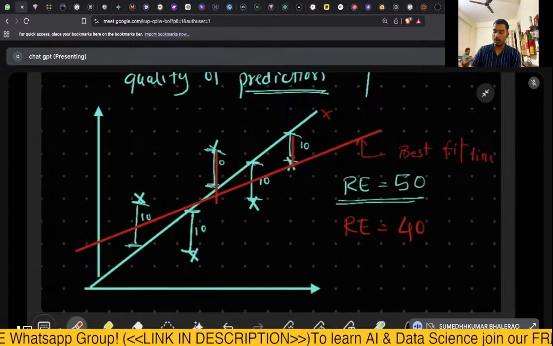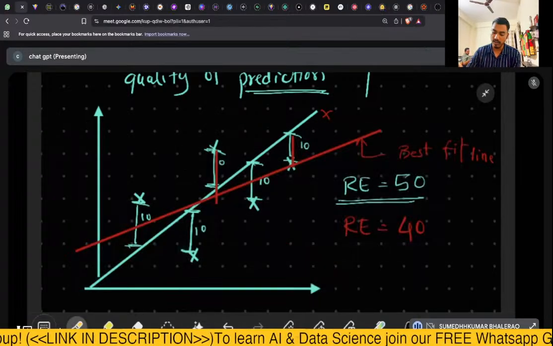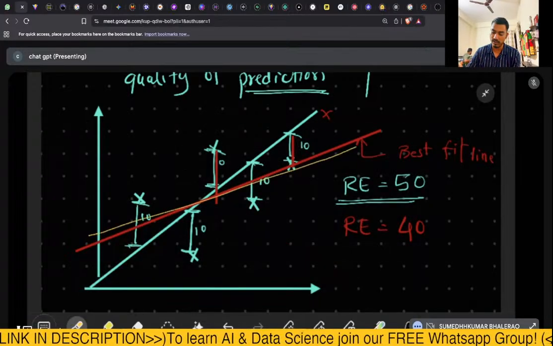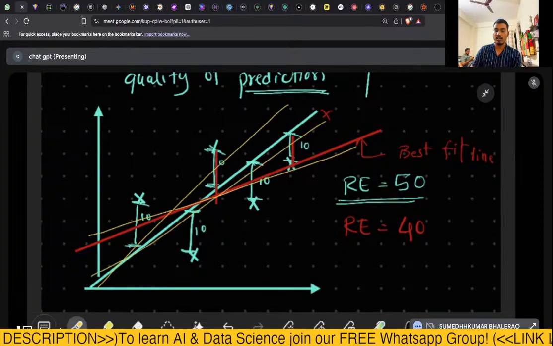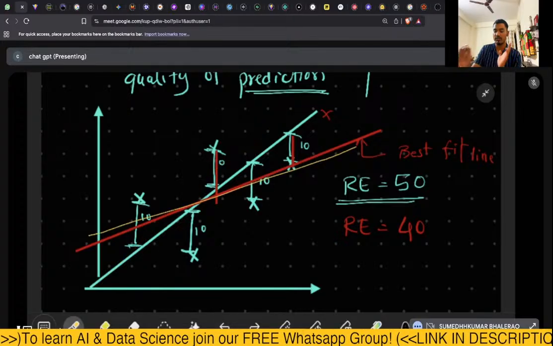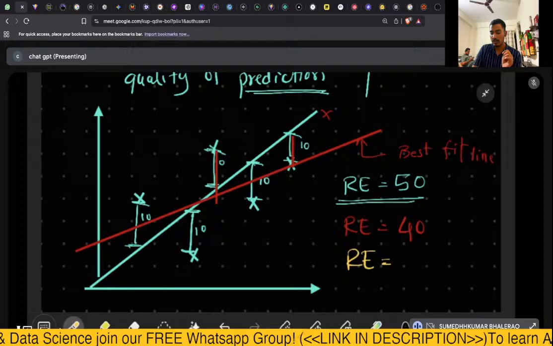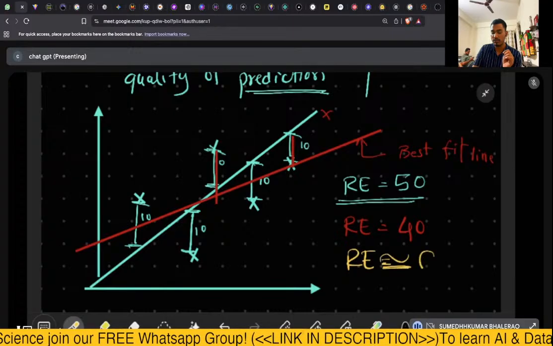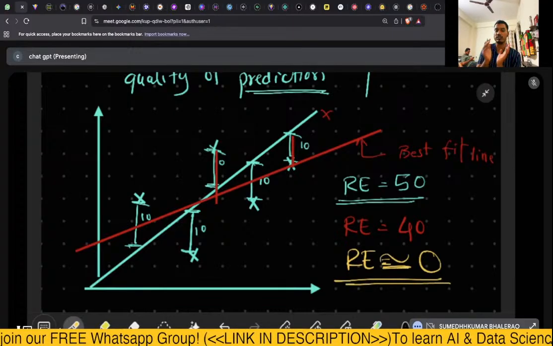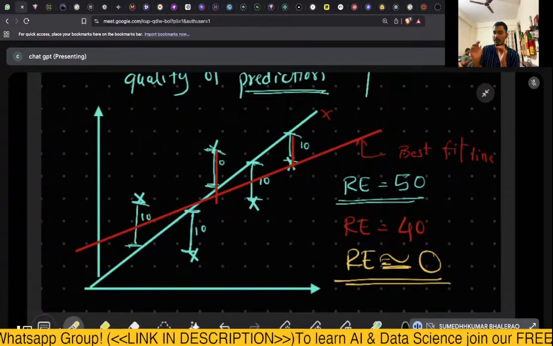So logically, we will be drawing thousands of lines like this. The machine learning model will draw thousands of lines and try to find the residual error almost zero. It will not be exactly zero. If it is zero, then the condition is called overfit.